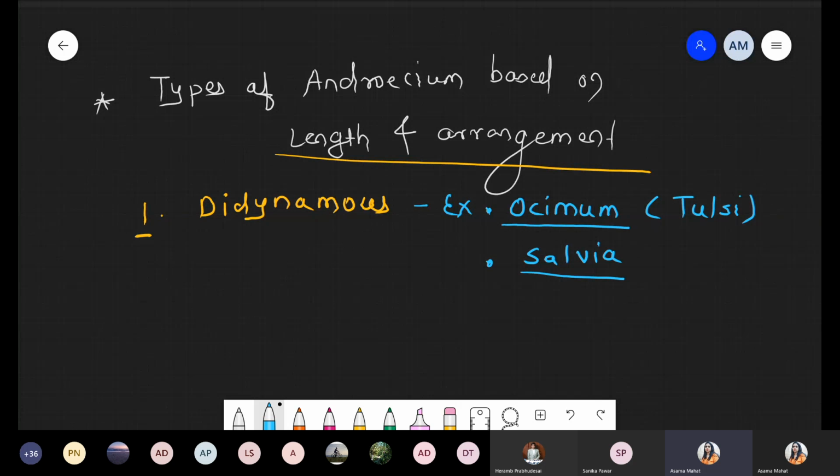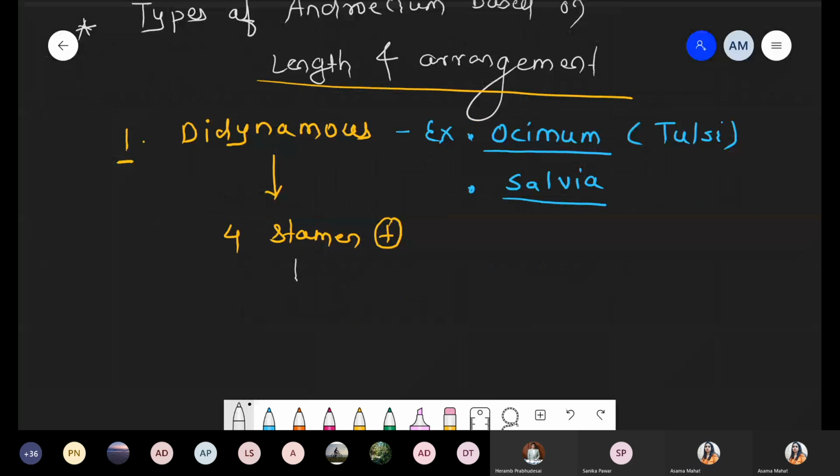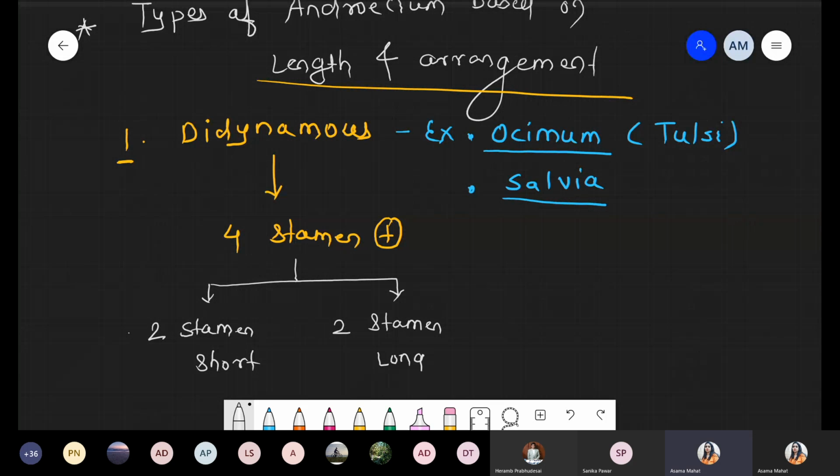Now what is the meaning of that? When we are talking about dynamous condition, 4 stamens are present. Total 4 stamens present. It shows an arrangement where 2 stamens are short and the remaining 2 stamens are long in length.